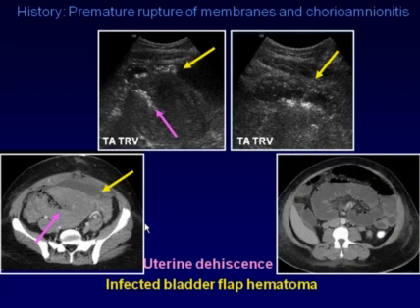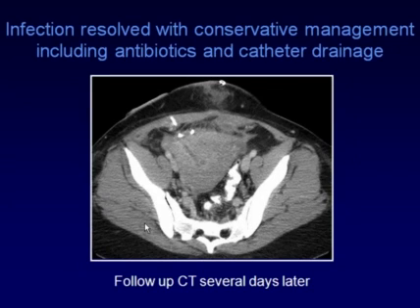The patient higher up on the CT also had dilated loops of bowel and an ileus. The infection was resolved with conservative management. A catheter was placed into the bladder flap hematoma. It was eventually evacuated, the gas resolved, and this is the follow-up CT several days later.